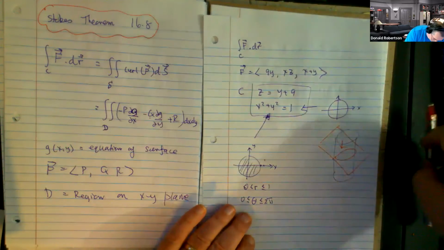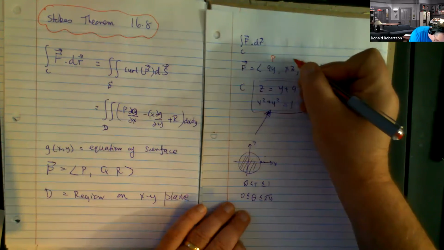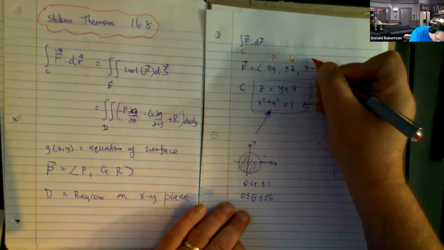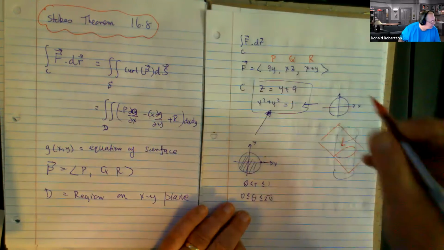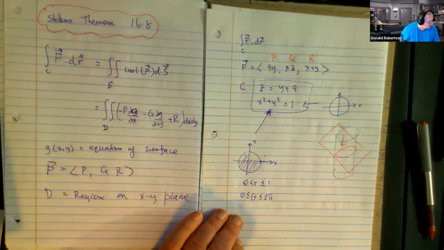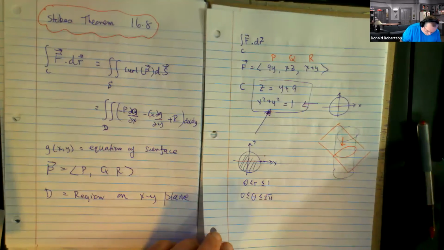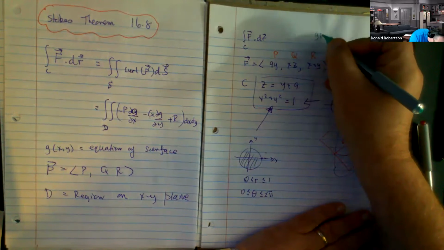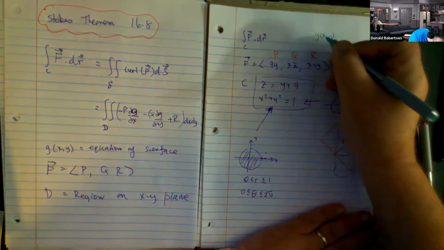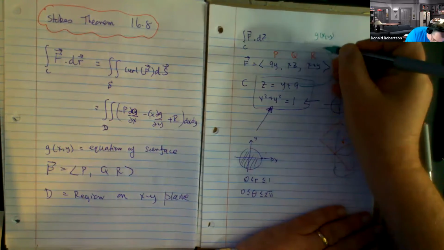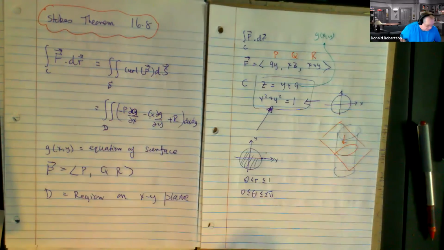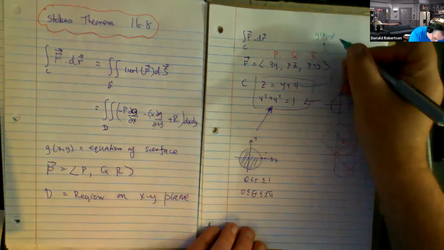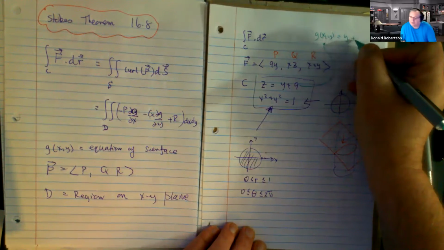So, before I go too far, there's this guy, there's this guy, and there's this guy. Right. Now, we need to know who this fella is. And this fella is hidden here. So this fella is the y plus 9 guy.